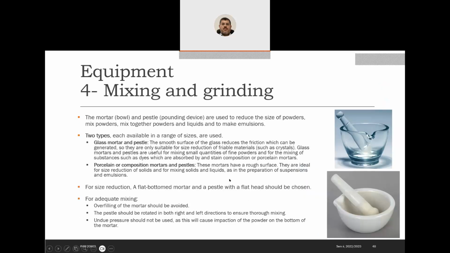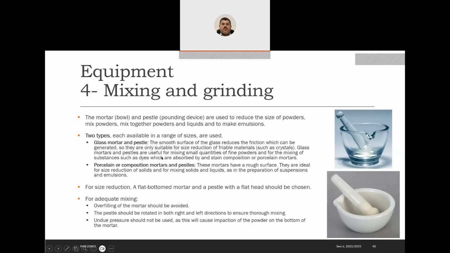For mixing and grinding, we usually use a mortar and pestle. We have two types, the glass and the porcelain. Glass is usually used for colored material, for mixing of small quantities of fine powders and for the mixing of substances such as dyes, which are absorbed by and stain porcelain mortars.